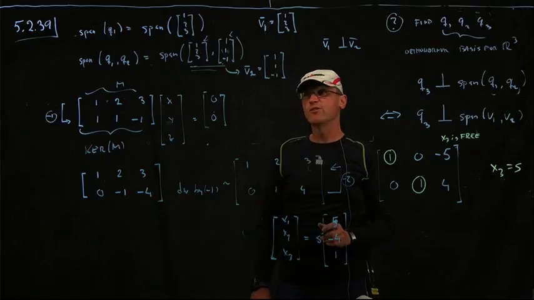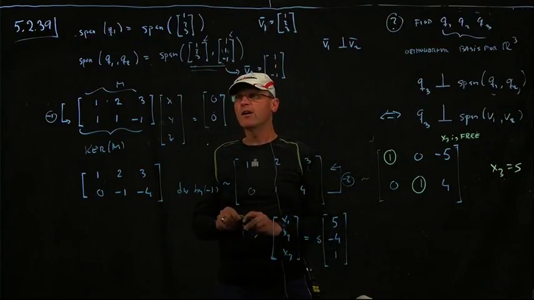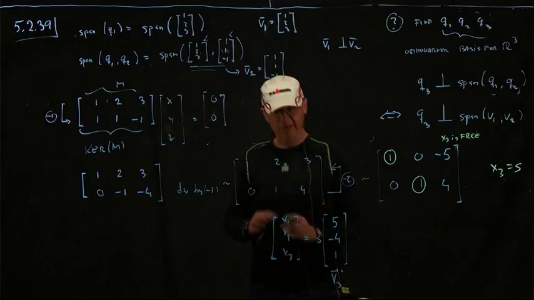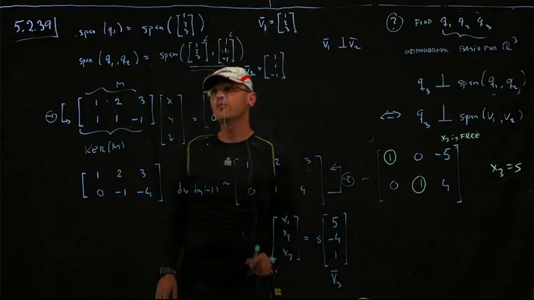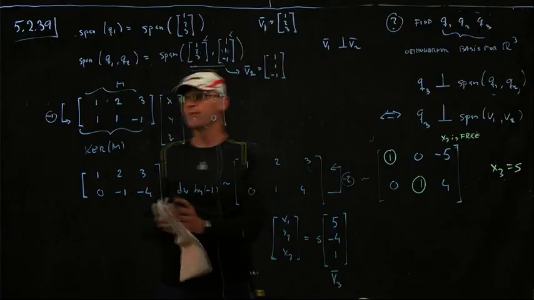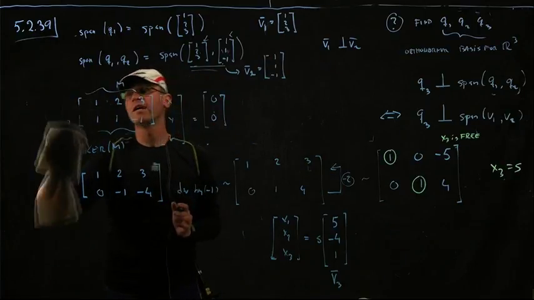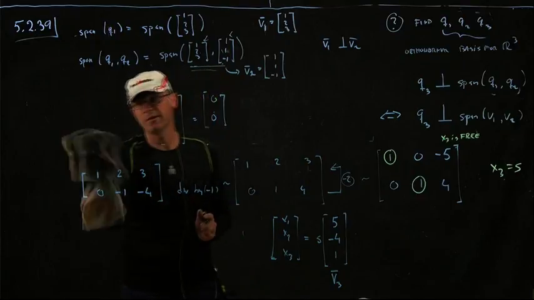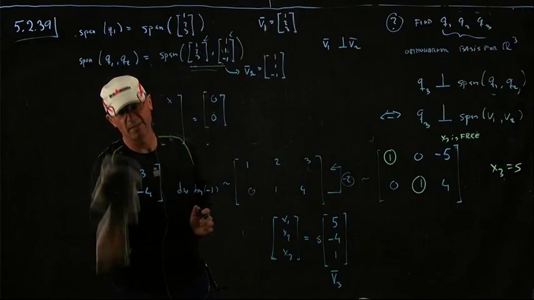Let's call this one V3. By construction, if we erase this stuff, we have three vectors, V1, V2, V3. They form a basis for R3.